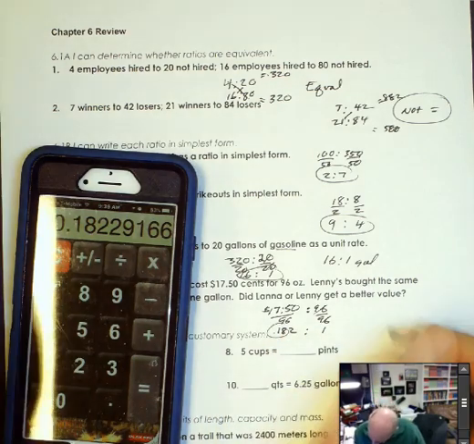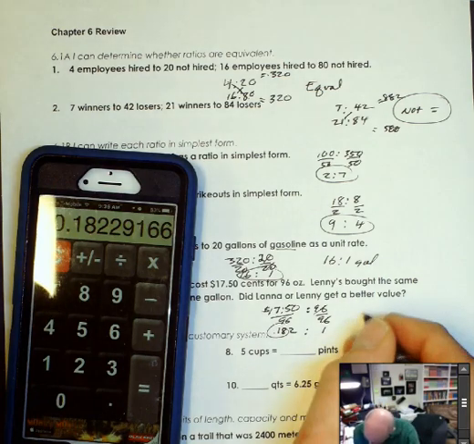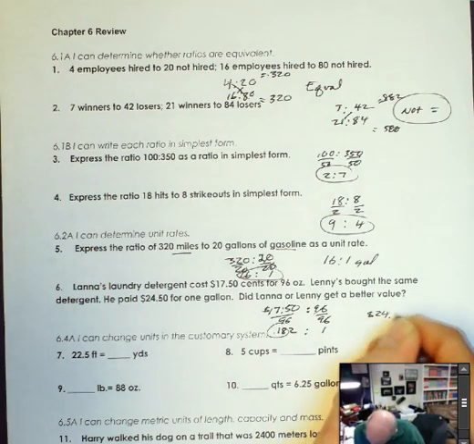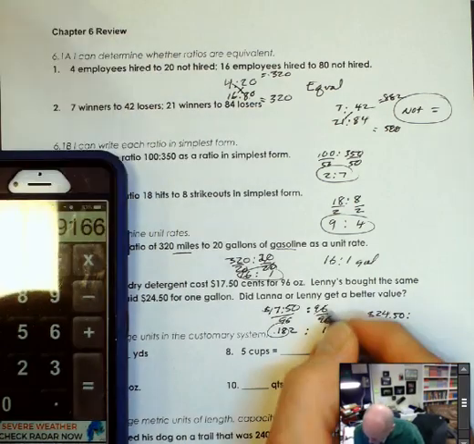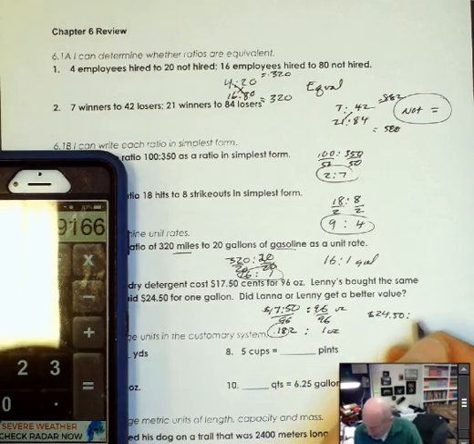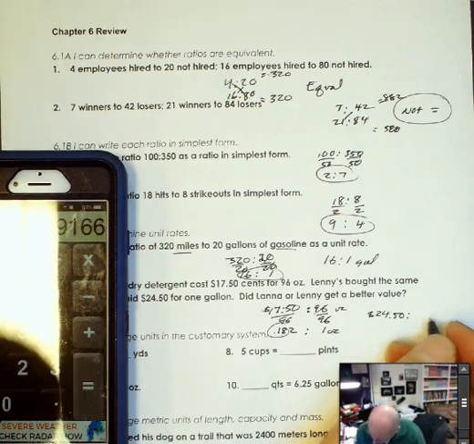All right, we have to do this other person's. Lenny, what did she pay? She paid $24.50 for 1 gallon. Now, this was expressed in ounces, so this is per 1 ounce, and I have to express this in ounces too. 1 gallon, if you look on your cheat sheet, is 128 ounces.